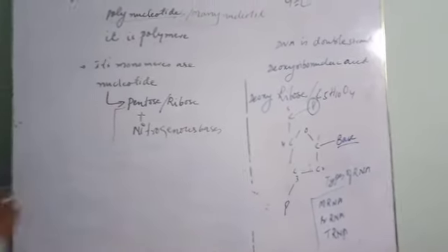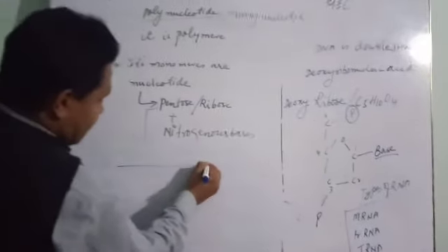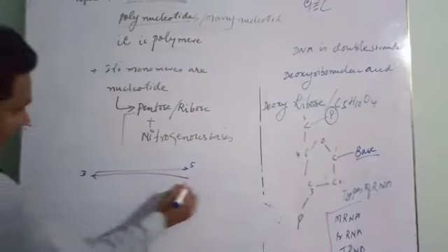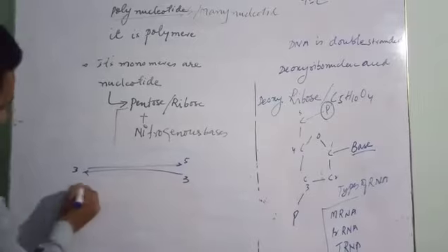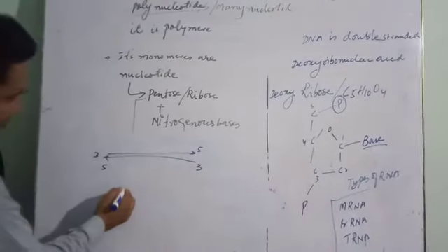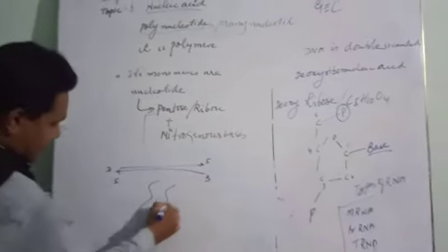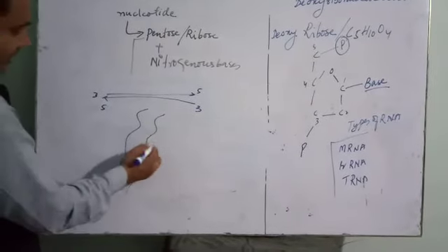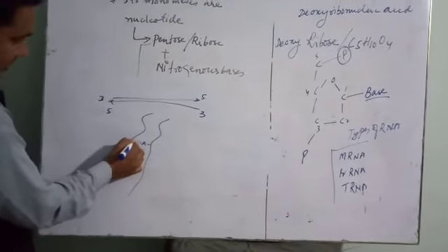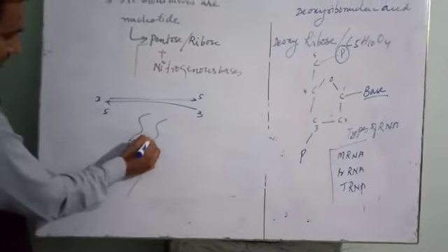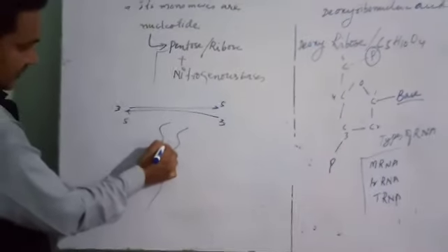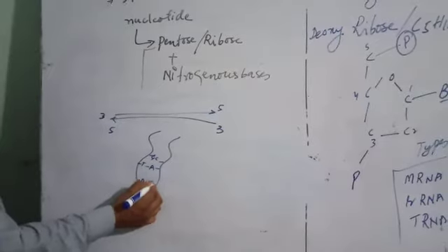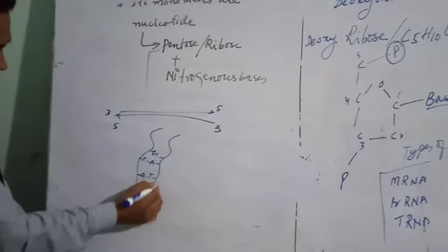These strands are parallel to one another. This is the 3 to 5 strand, and the second is also 3 to 5. These are the two strands of the DNA. These are the sugars, these are adenine, and there will be thymine, cytosine, guanine, adenine, cytosine, adenine, thymine.